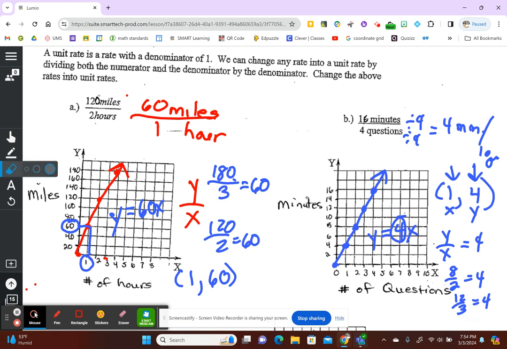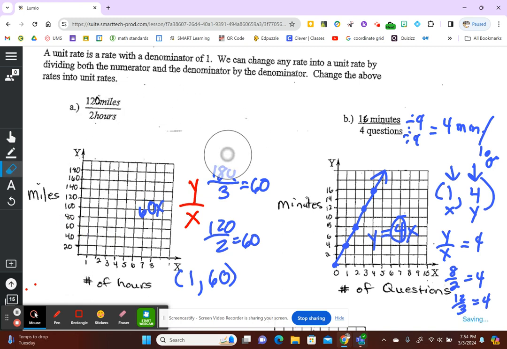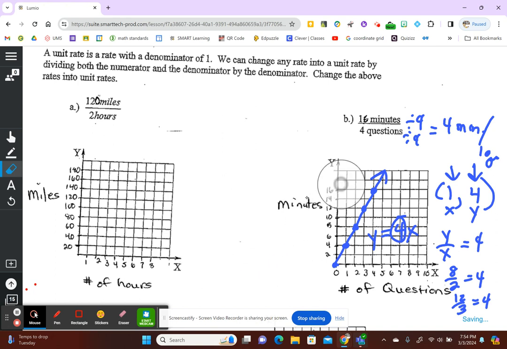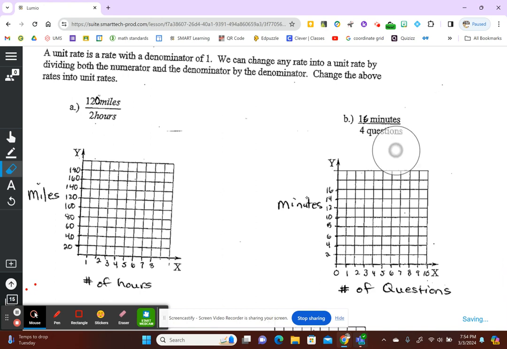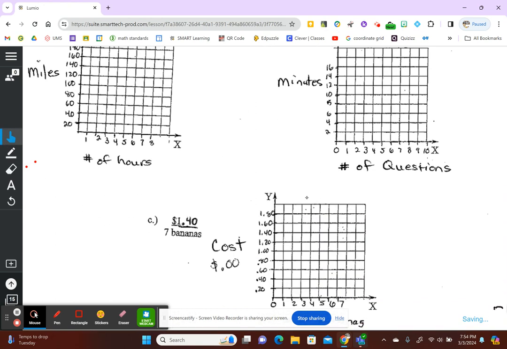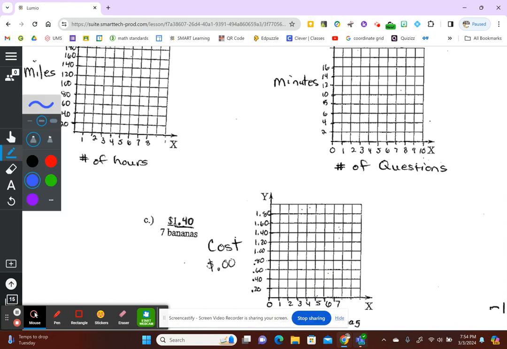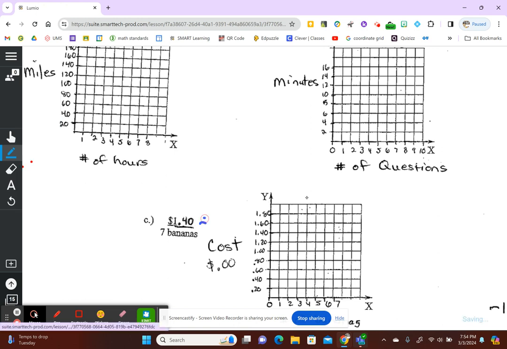Okay, let's look at the last one. If I was to write this as a unit rate, I divide by 7, and I get 20 cents per one banana.